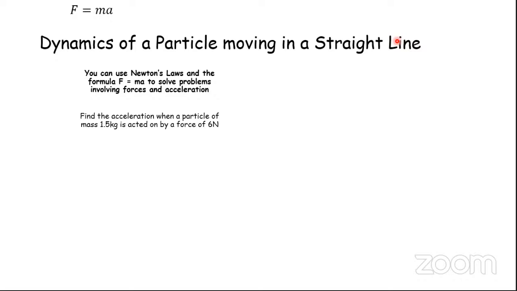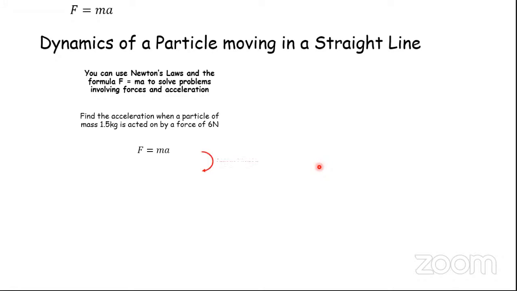From force equals to ma, we can decide to make acceleration the subject, which is acceleration equals to force over mass. Or we can just substitute in the first formula of F equals to ma. So use F equals ma, and then we substitute.